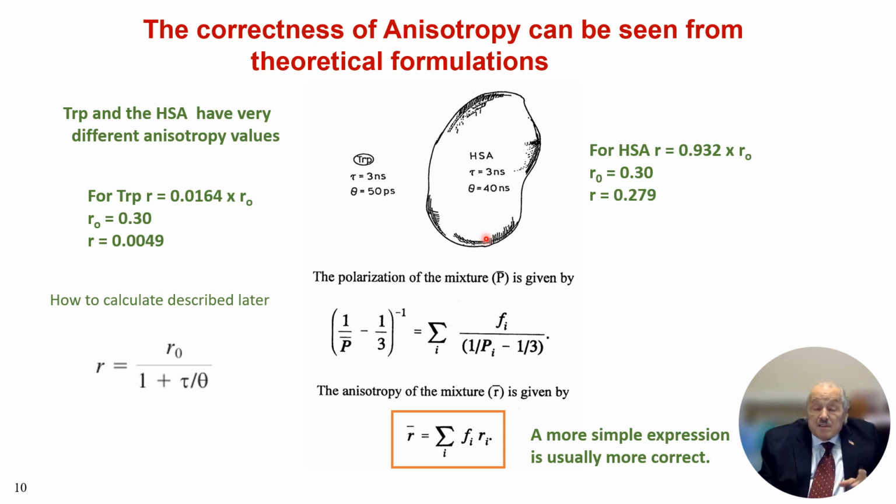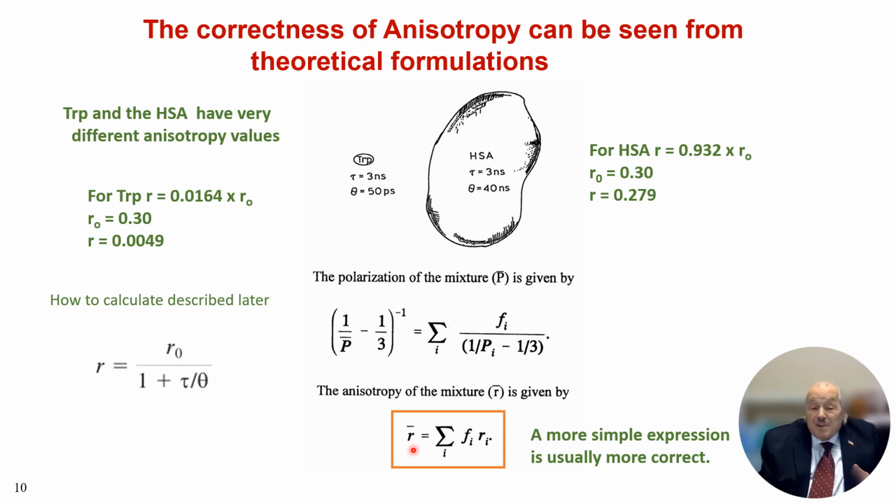If we wanted to describe the polarization of the mixture, we would have to use this equation. This 1 over P minus 1 over 3, to the inverse of that. It's a pretty complex looking formula to calculate the anisotropy resulting from these two different molecules. But if you wanted to do it in terms of anisotropy units, it's extremely simple.